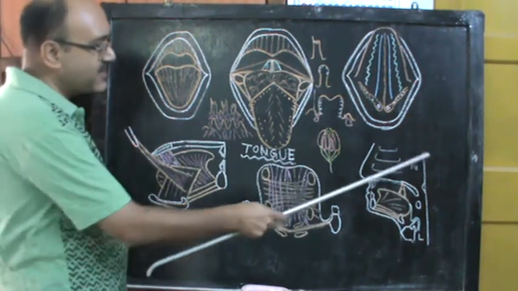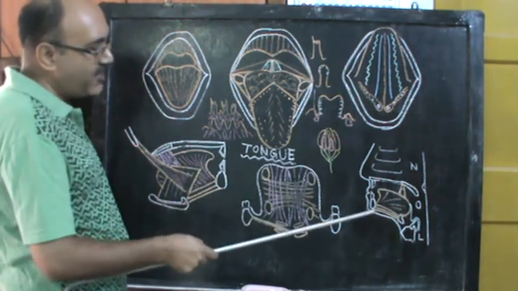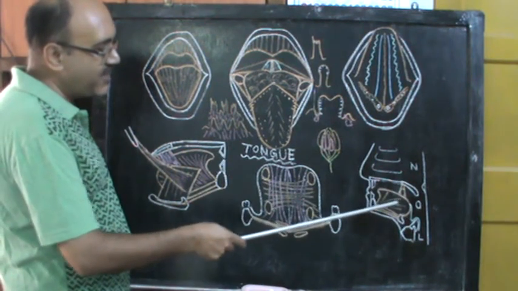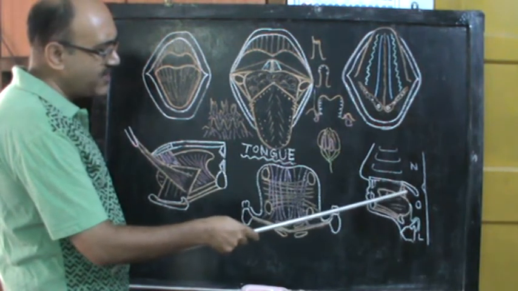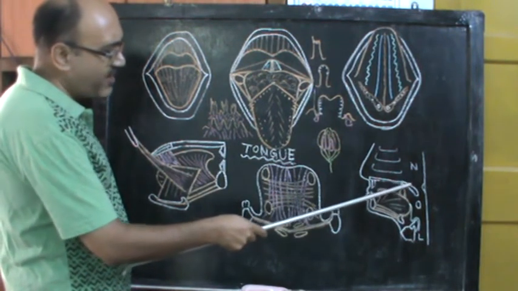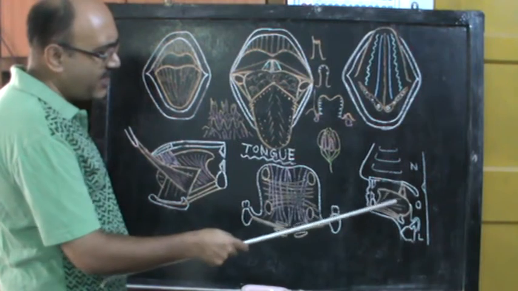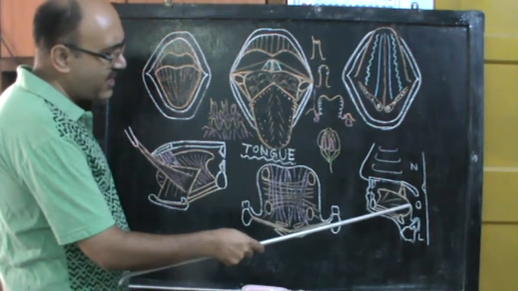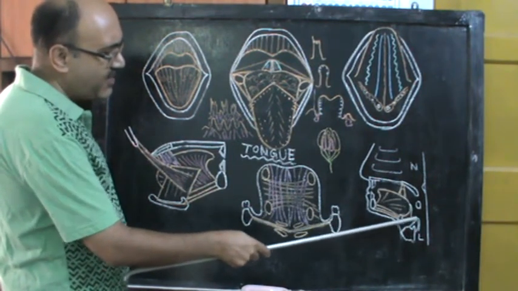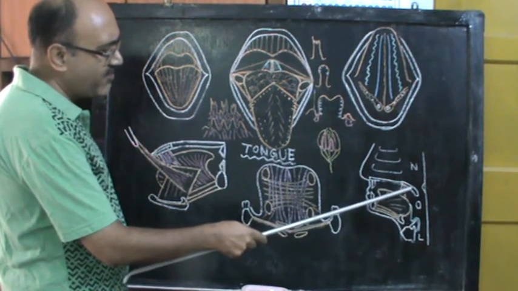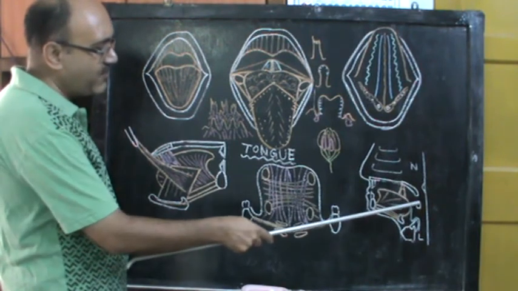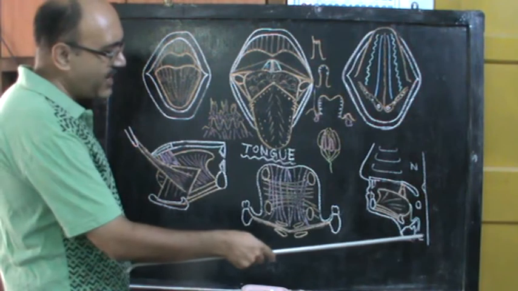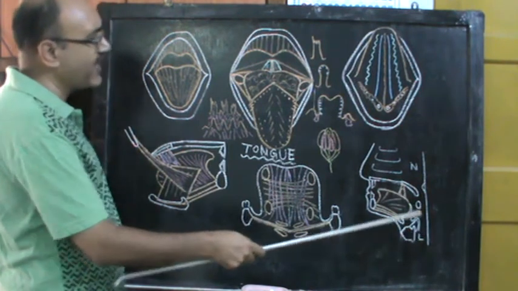And again in this sagittal section of the skull you can make out the oral part of the tongue, pharyngeal part of the tongue, palatoglossal arch, palatopharyngeal arch, tonsil. You can make out the soft palate over here, and you can make out the reflection of the mucous membrane of the tongue to the epiglottis. Behind the nose you have the nasopharynx, behind the oral cavity you have the oropharynx, and behind the larynx you have the laryngopharynx.